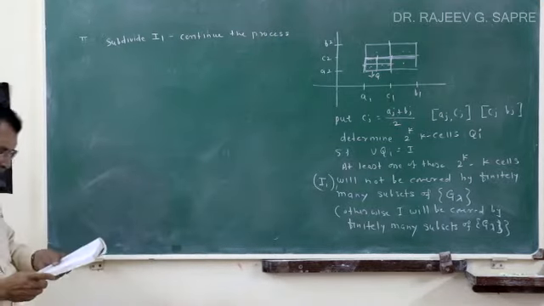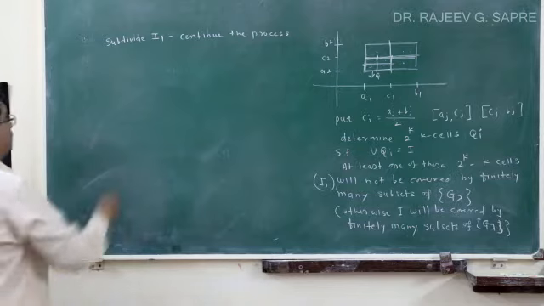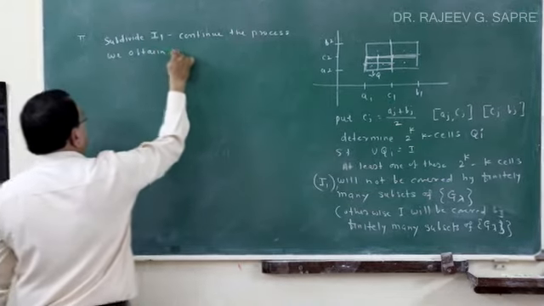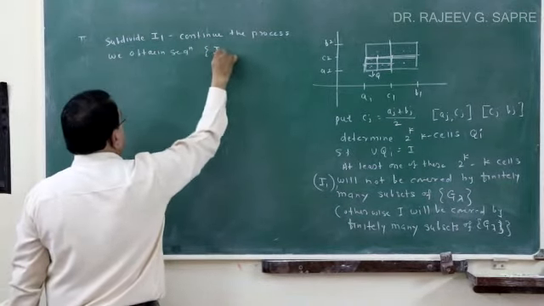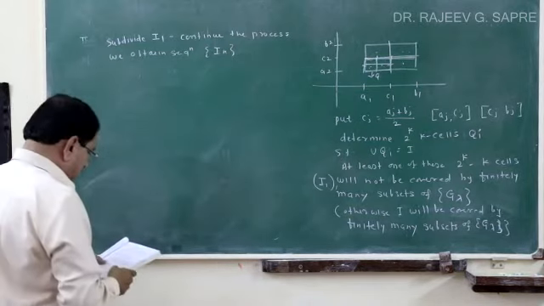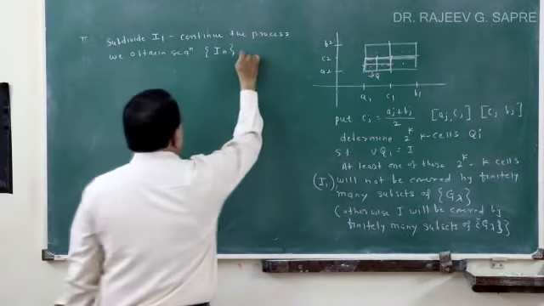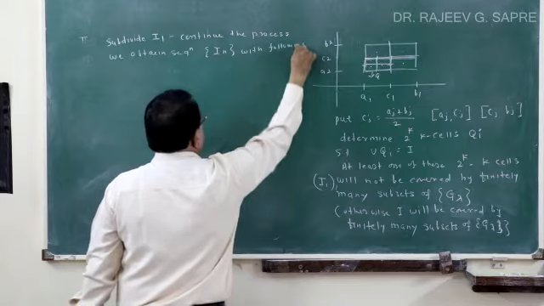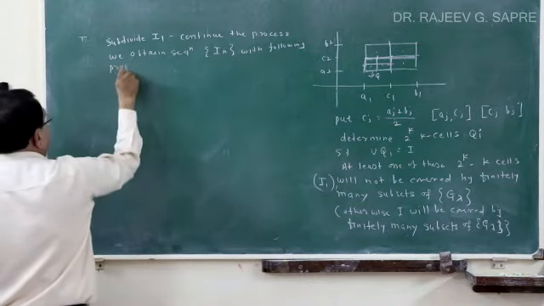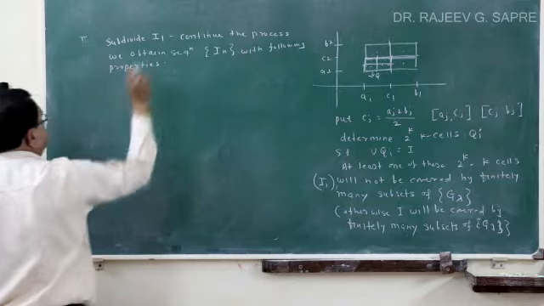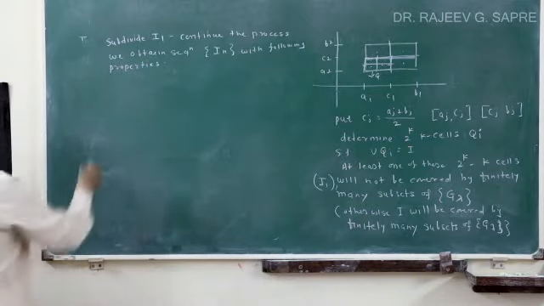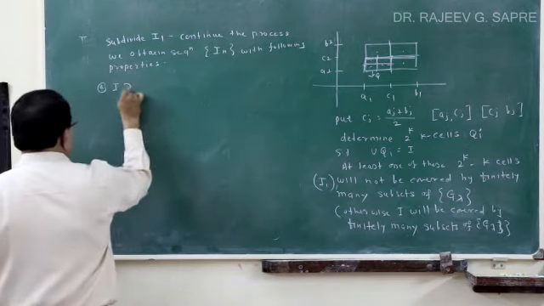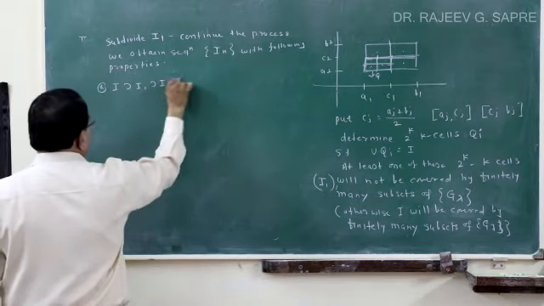What will happen when I continue the process? We obtain a sequence In with the following properties. What are those properties? First thing is, I contains I1, it contains I2, it contains I3.